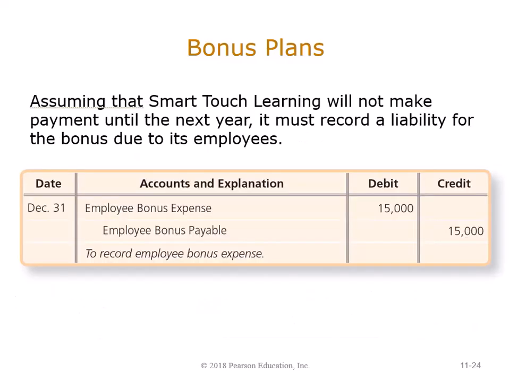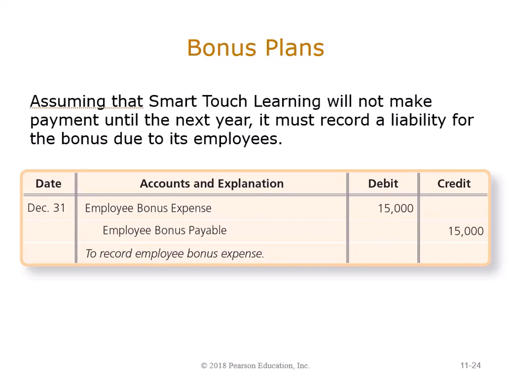One thing I want you to notice with all of these estimated liabilities, the entry generally always looks the same. We're going to debit some sort of expense and we're going to credit some sort of payable. And the estimate is going to be based off the information they tell us.